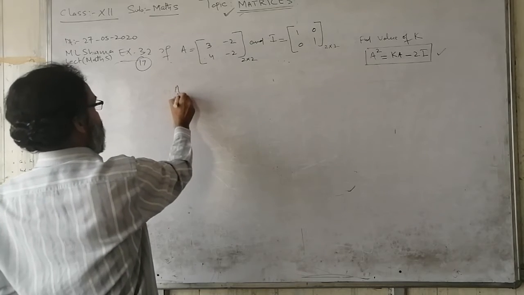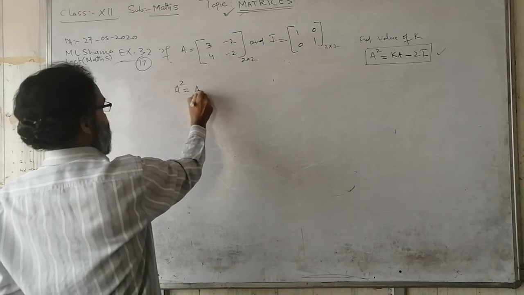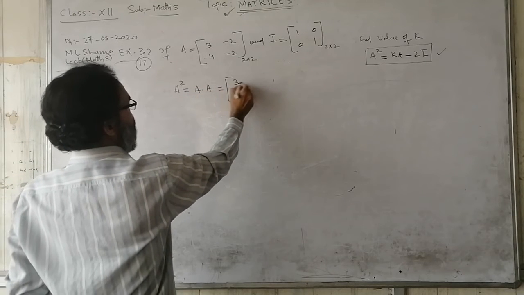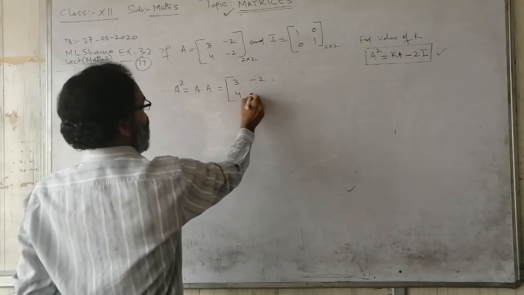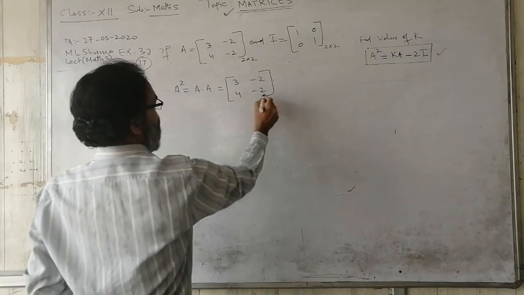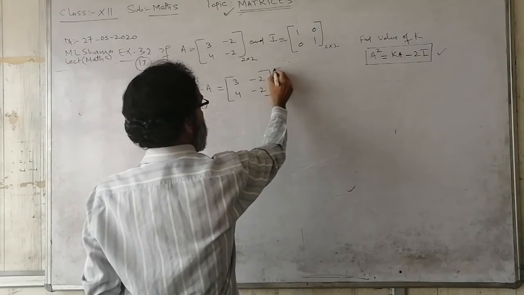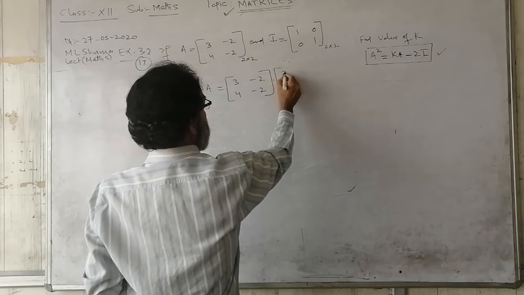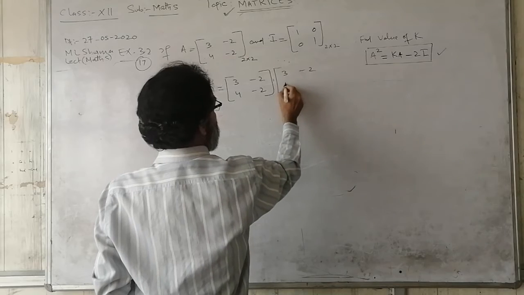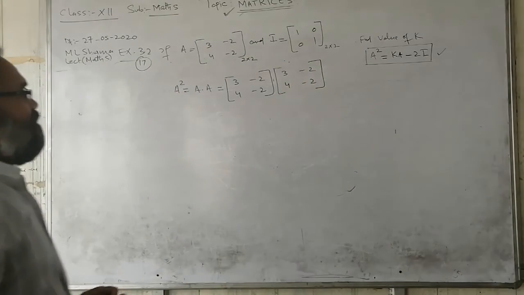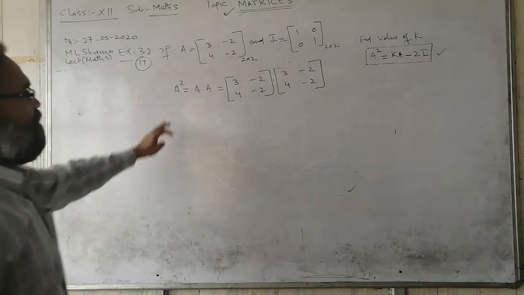So A square I can write as A into A. So this will be equal to 3 minus 2, 4 minus 2, the matrix A, then again 3 minus 2, 4 minus 2. So this product will be the value of A square.